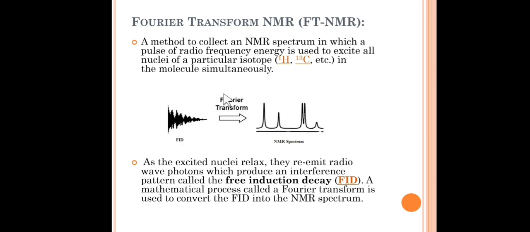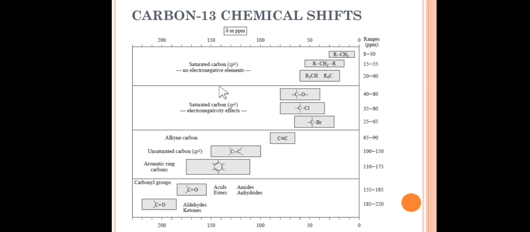Now let's see the chemical shifts of carbon 13 spectra. Just like H1 NMR, this also has a range. For H1 NMR the range is 0 to 11, and for C13 the range is very wide, from 0 ppm to 220 ppm.